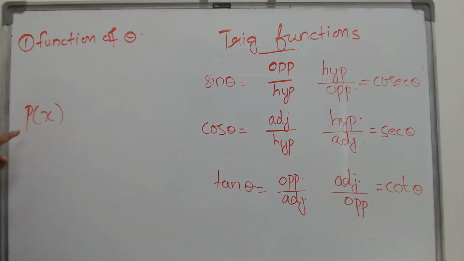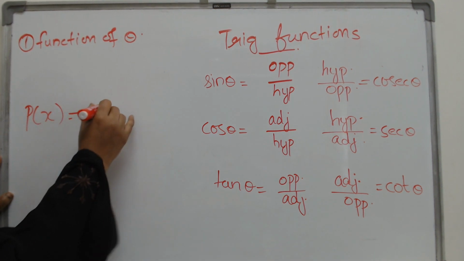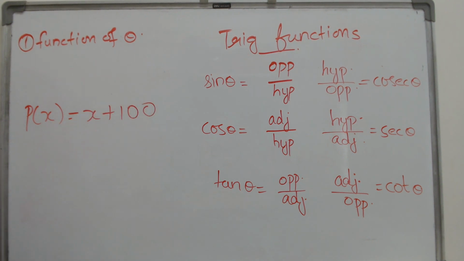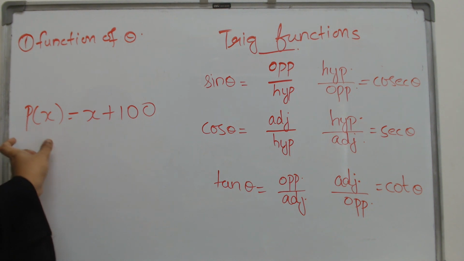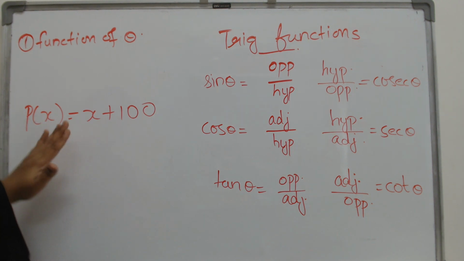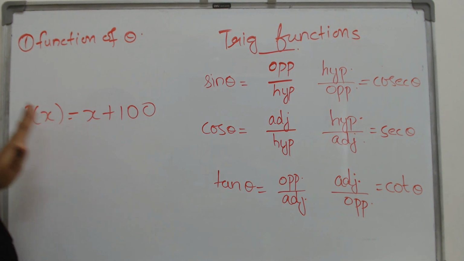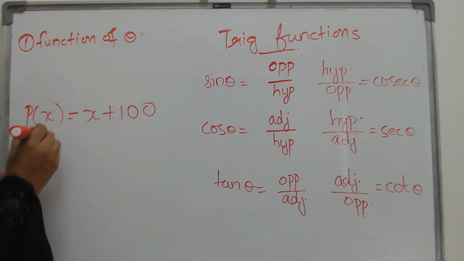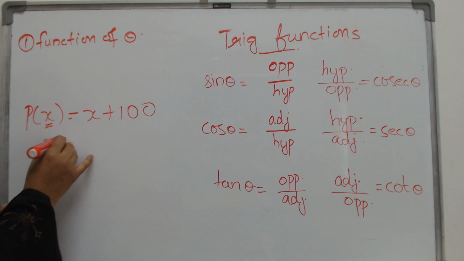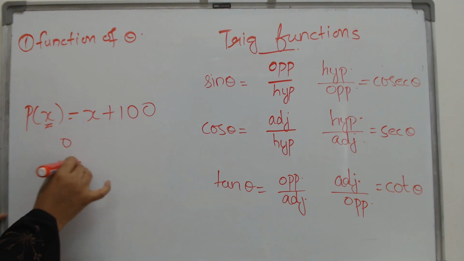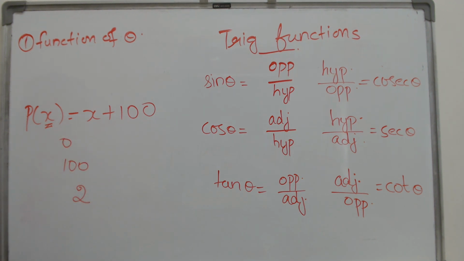For example, here you have p of x. Suppose p of x is equal to x plus 100. Now, what do we mean by a function? It is a relationship between two quantities where one is independent and the other is dependent. What do we mean by that? The x here is independent. It can take whatever values it wants. It can be 0, it can be 100, it can be 2, it can take whatever values it wants.